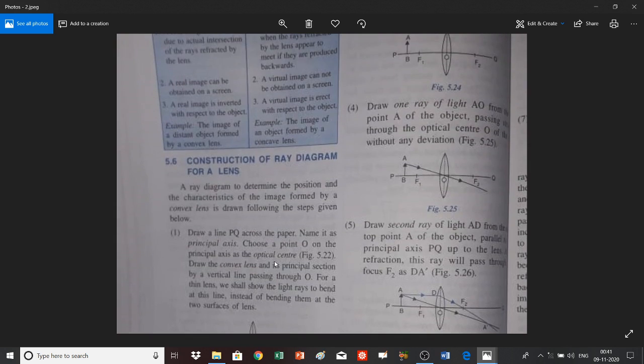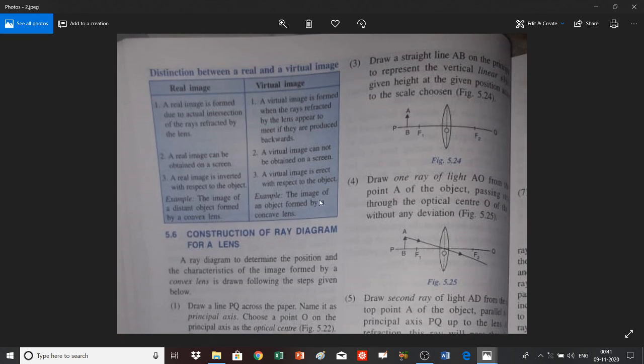So now the third case is, if you consider that AB is an object which is placed at a certain distance from the lens. So this is the object AB.